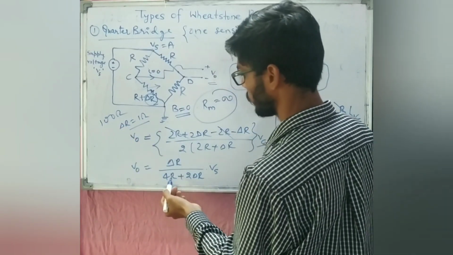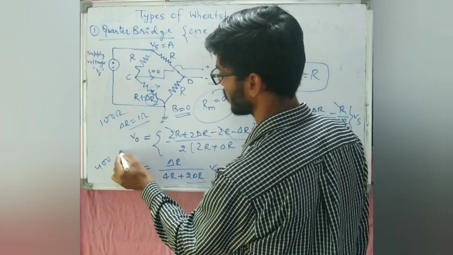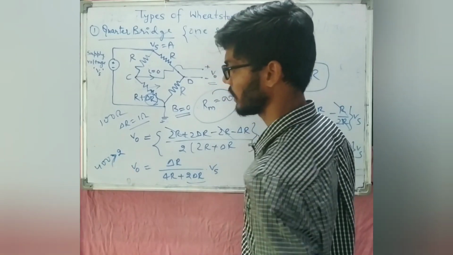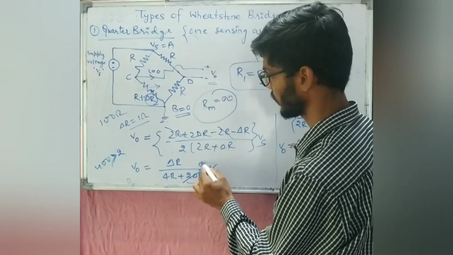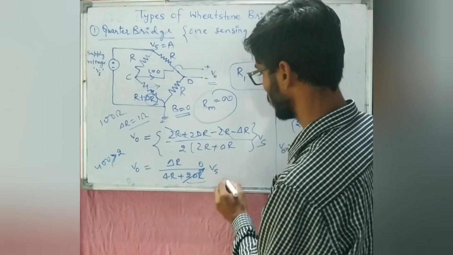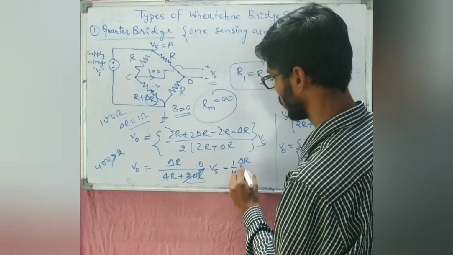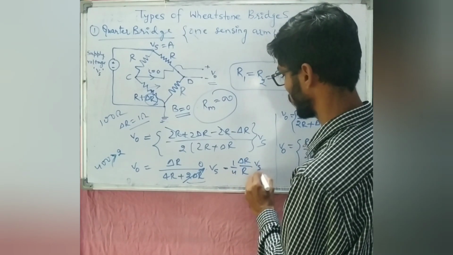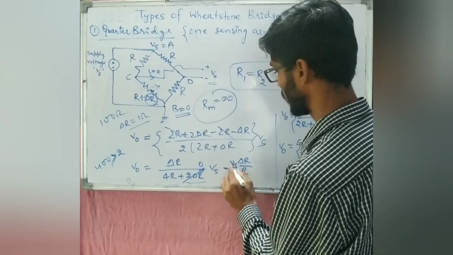So 4R means 4 times 100 is 400 and 2 times delta R is 2. So 400 is a very great amount compared to 2. So we can simply neglect this value and assume it as 0. So the expression will simplify as 1 by 4 into delta R by R into Vs, or say Vs by 4 into delta R by R.